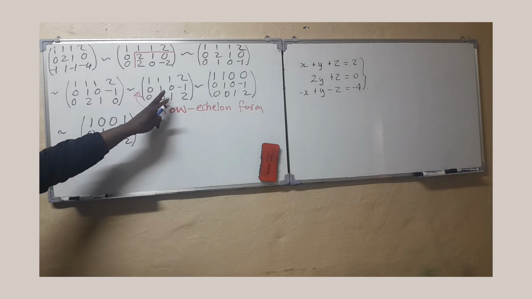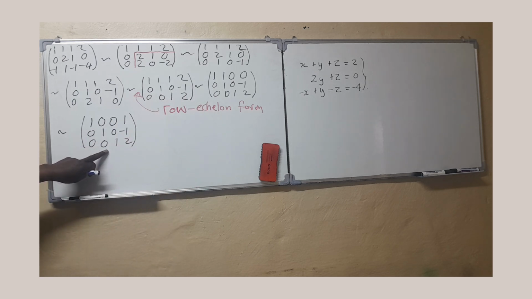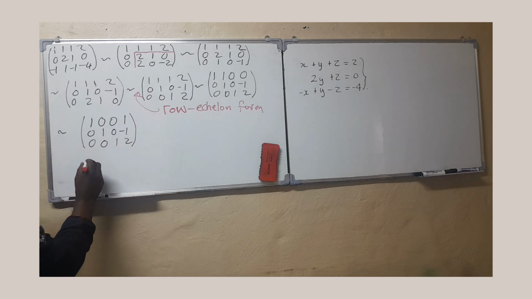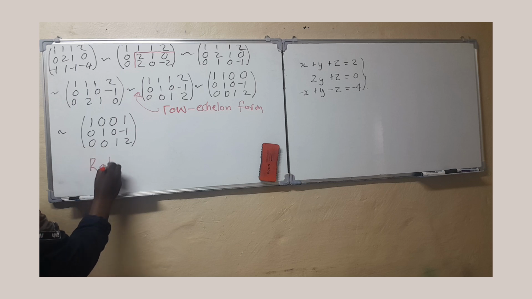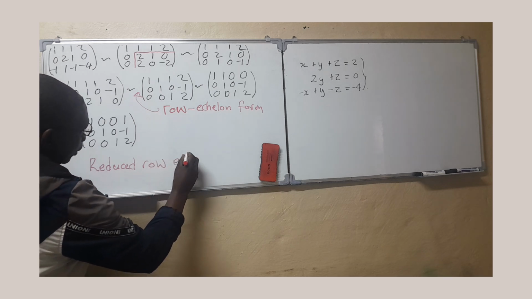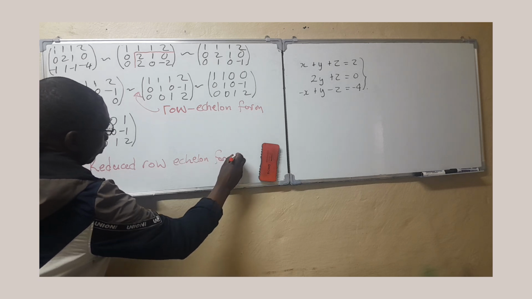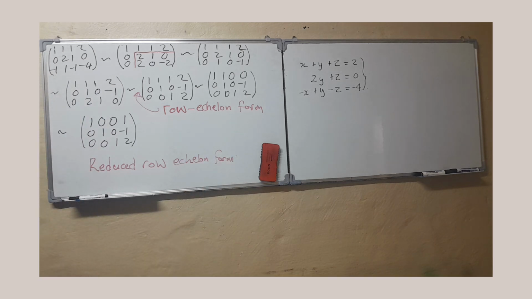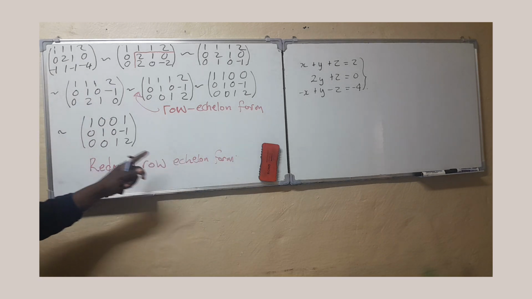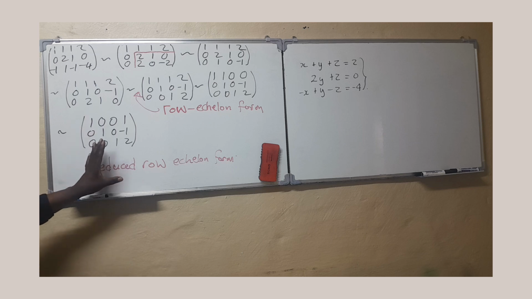We proceeded from this form here all the way until we got here. When we get here, the matrix is now in reduced row echelon form. I'm not so sure if my red ink is clear there, but this is reduced row echelon form. That's the form where you can now read your values of x, y, z.